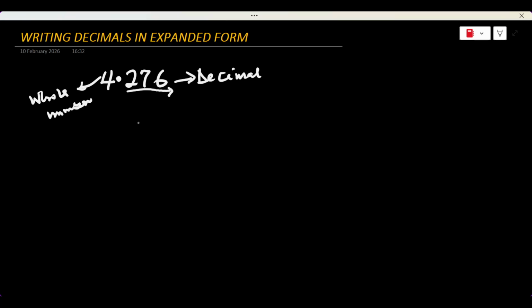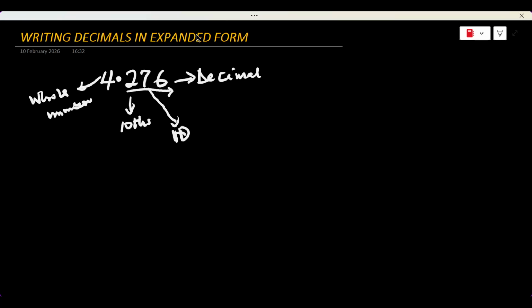So 4 is in the whole number part and it is in the ones position. After the decimal point, the first digit is at the tenths place. And then we have the hundredths.